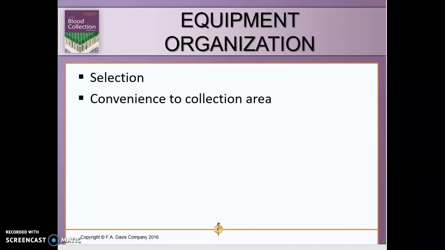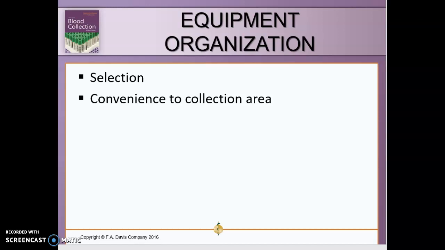Equipment organization: we need to make sure that when we go to collect the lab, we select the appropriate equipment. So knowing if you're going to do a capillary stick or a dermal stick, you're going to need the lancet rather than your butterfly set or your needle set. So just knowing what type of lab you're doing is very important.